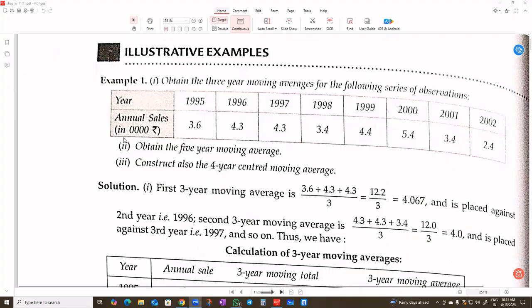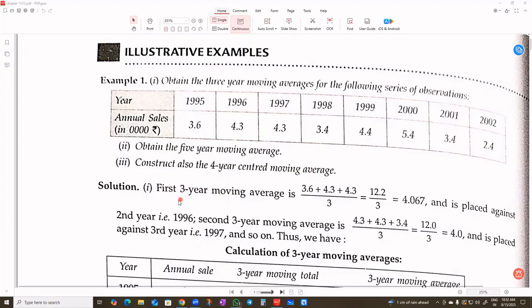Annual sales are mentioned in ten thousands: 3.6, 4.3, 4.3, 3.4, 4.4, 5.4, 3.4 and 2.4. Obtain the 3 years moving average and also construct a 4 years centered moving average.